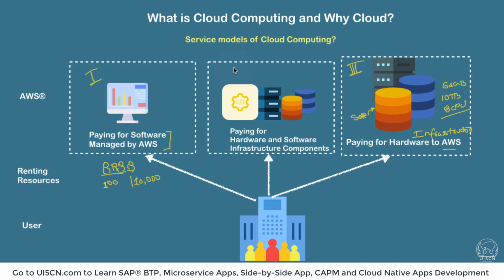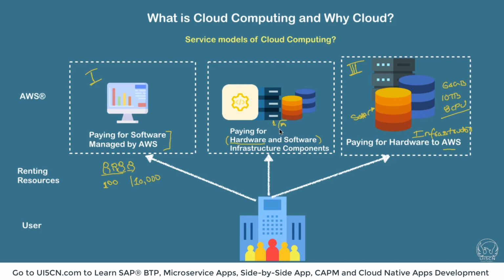Now, one more thing you might be wondering: what is this paying for the hardware and the software infrastructure? When the vendor from whom we are renting rents us certain hardware, here we are not talking about one single machine, but n number of machines.